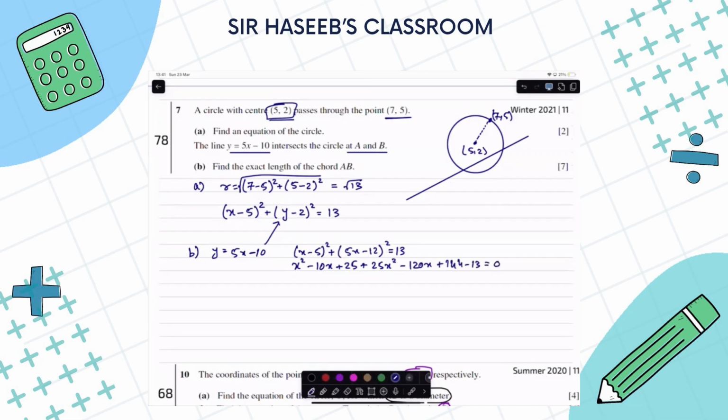Get it? That's 26x square. Minus 10x minus 120x is minus 130x. 25 plus 144 minus 13, what do you get? 156. Can you take 13 common from all of them?